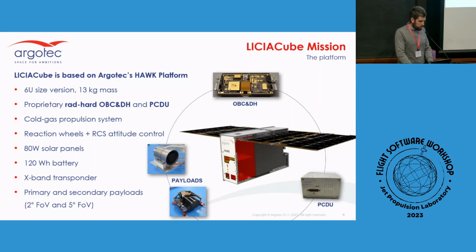For the electrical part, we had solar panels and battery, an X-band transponder, and two optical payloads, one with a narrower field of view used mainly for the navigation pictures, so the visual navigation data, and a secondary one used mainly for shooting scientific pictures of the asteroid.